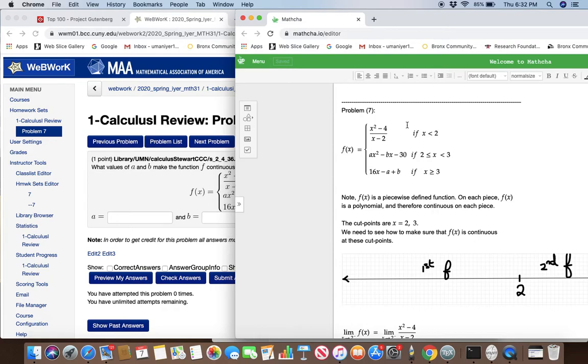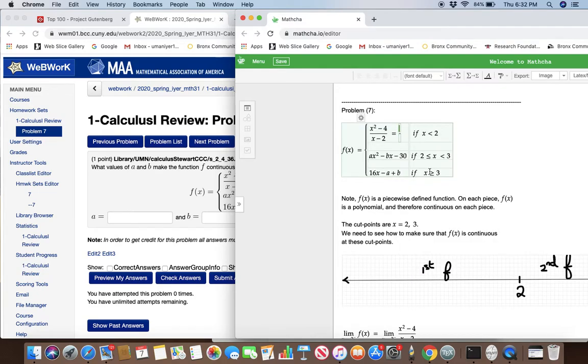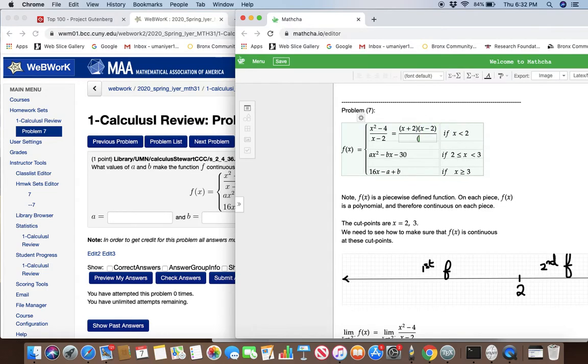So I've rewritten the question here. This is a piecewise defined function. That is, your function is defined on pieces. Notice this piece, if x is less than 2, that is x is not 2, the fraction upstairs is x plus 2 times x minus 2, downstairs is x minus 2.